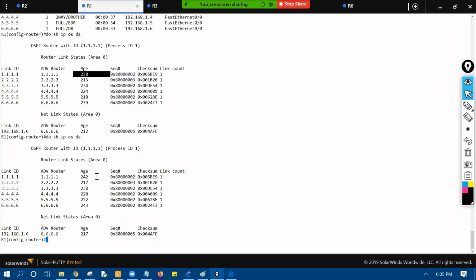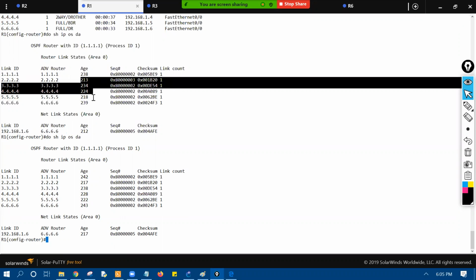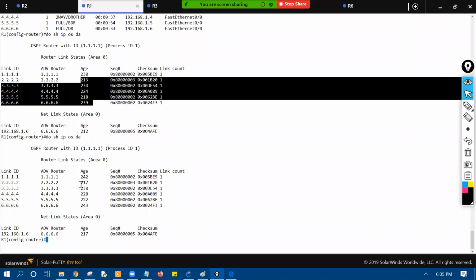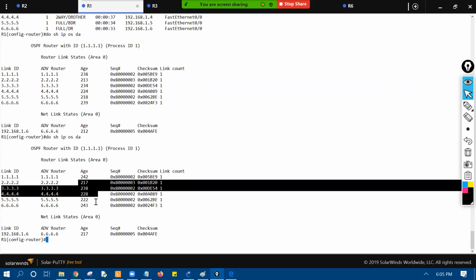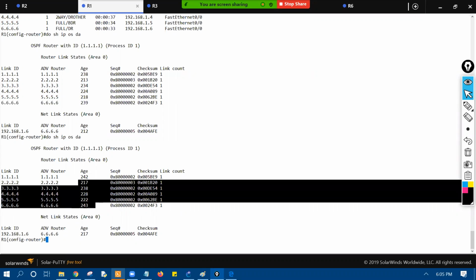Every router lists different values: 213, 233, 224, 218, 239. And you see that every time this information will be incremented, right? This timer will be incremented by 1. This is just going to represent how many seconds ago I learned this information. And by default, it's incremented by 1.